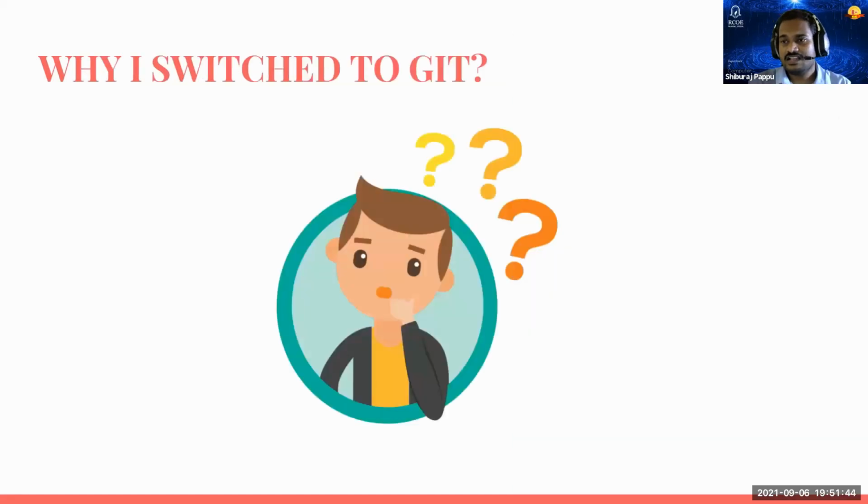Then the next part is why I switched to Git. Before using Git, around 9 years back, I used to use SVN. In the list you must have seen SVN. SVN was okay, but the problem was it was a centrally located repository. It was not distributed.